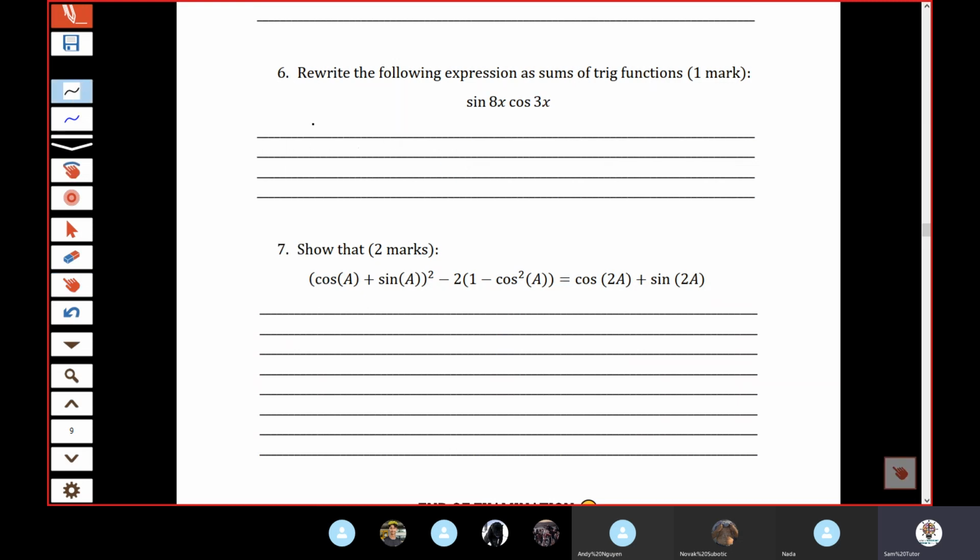So just find it. Someone tell us the answer. You definitely know it starts with a half. What do we do with sine and cos? Is it a minus b? Are we going to trust you? I think the last is minus sine.